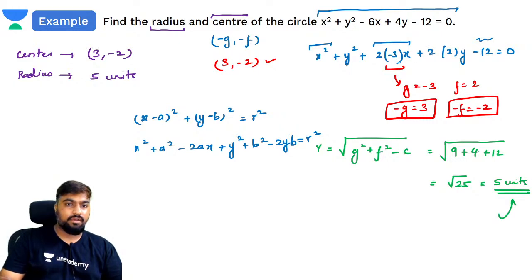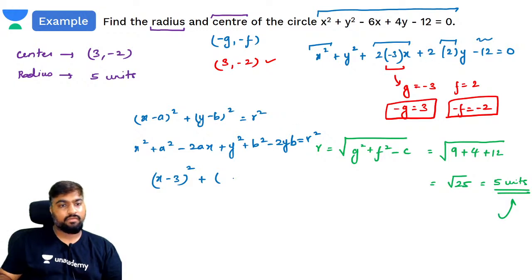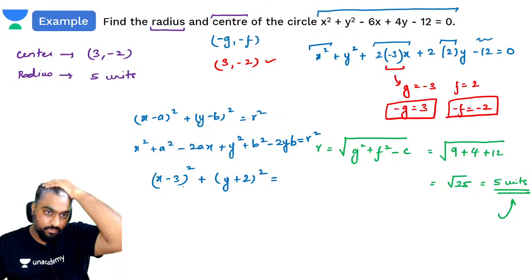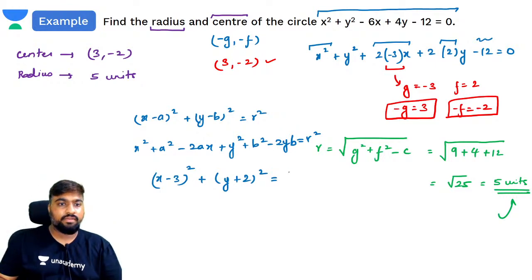So this part becomes your a. Sorry, a is equal to plus 3, basically minus of it. So a is plus 3. You can write this as x minus 3 the whole square, plus b will be minus 2, so y plus 2 square will be equal to, if from 12 you remove 3 and 2, you will be left with 5.